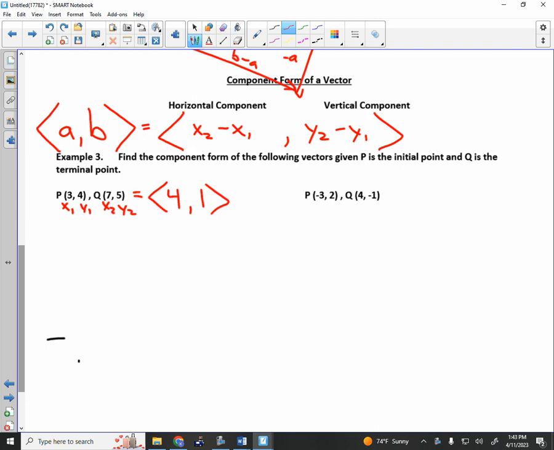So go ahead and determine the component form of the vector for the next one on your own. Go.